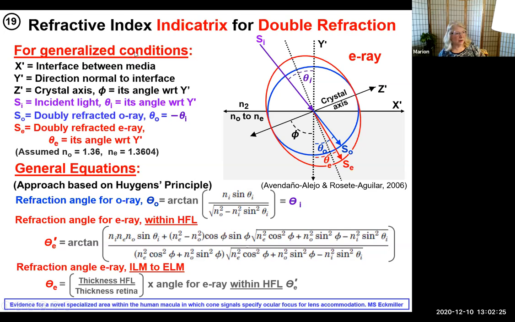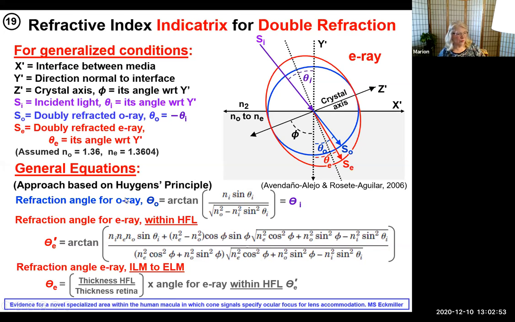And you can then define, using generalized conditions, all of these factors, which you have to calculate in a consistent manner. So everything changes with respect to everything else. And you've got to keep track of that. And if you're doing it correctly, you can then use the equations shown here below.